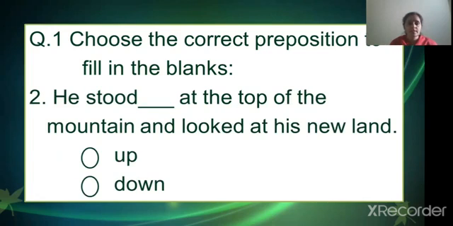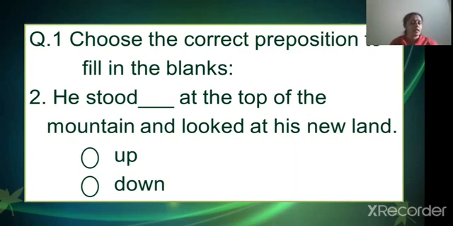Let's see the next question. Choose the correct prepositions to fill in the blanks. He stood dash at the top of the mountain and looked at his new land. The options given are up and down.